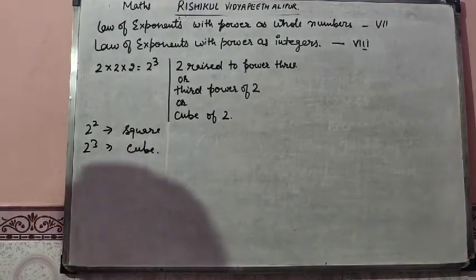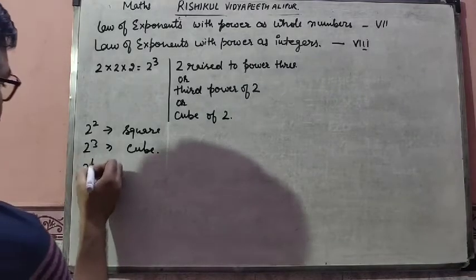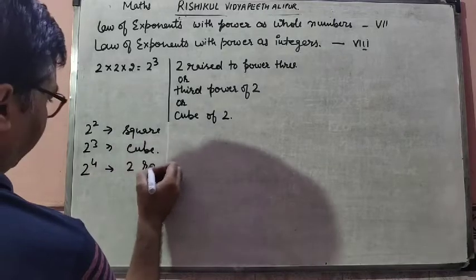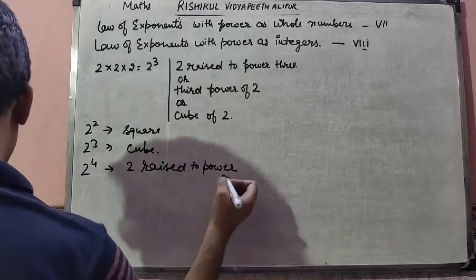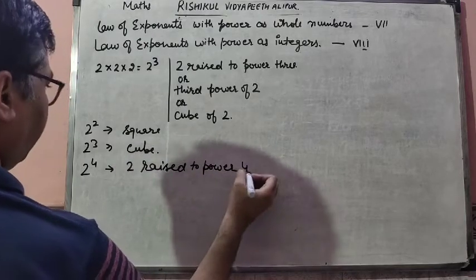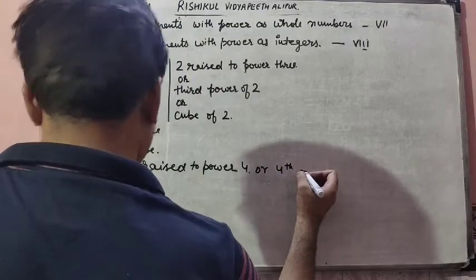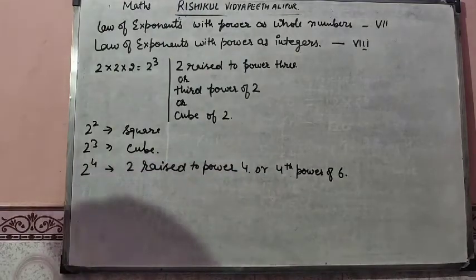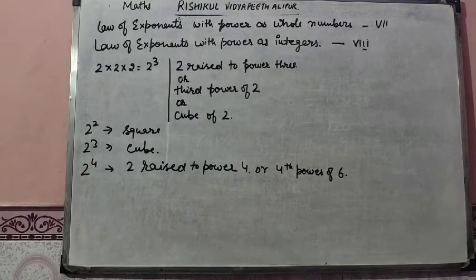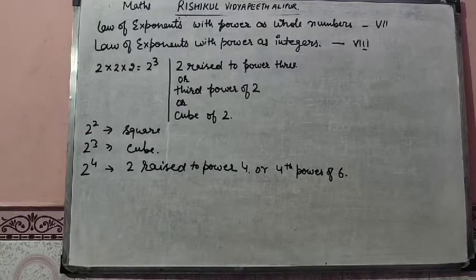But after that we have no special names. We read 2 raised to power 4, or the fourth power of 6. These things we discussed in class 7th, the law of exponents as whole numbers.